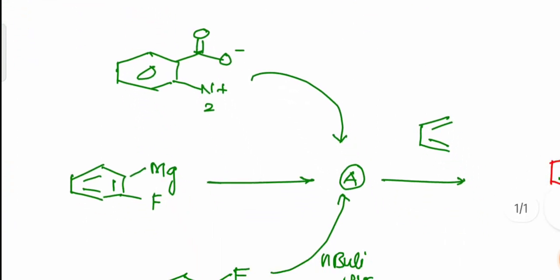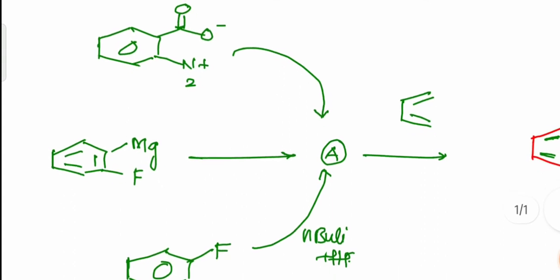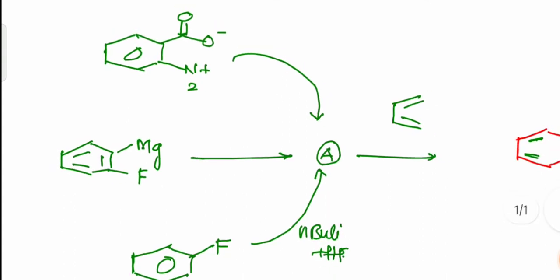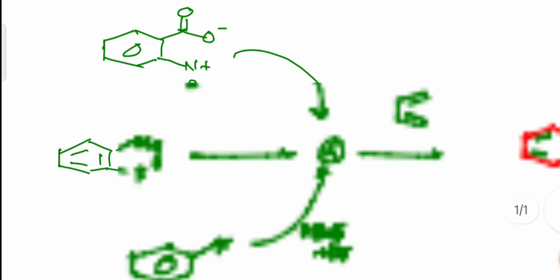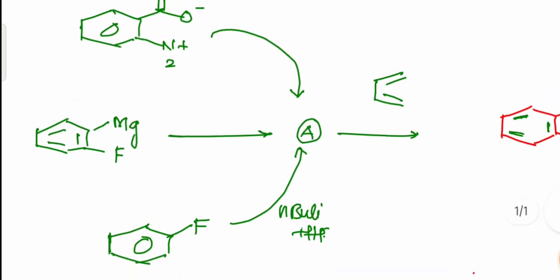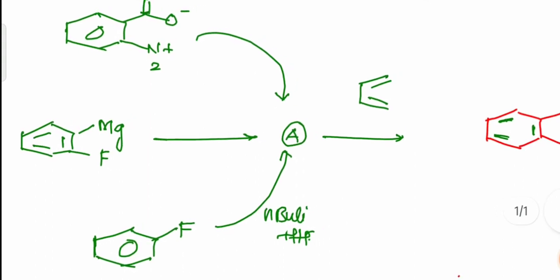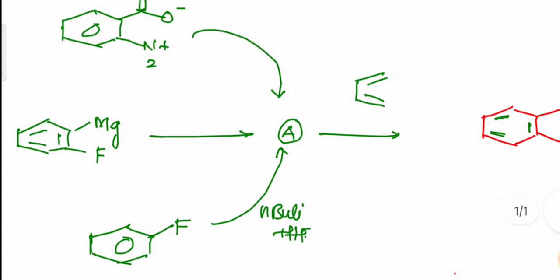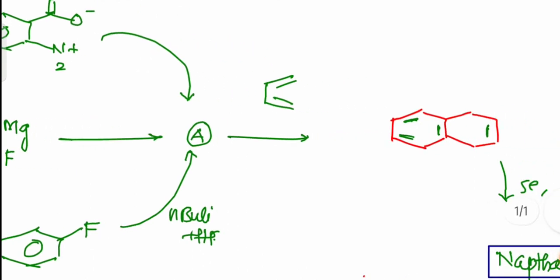Now here are some examples. Salt of anthranilic acid, then 2-fluoro magnesium, or simple magnesium bromide. Instead of Mg, you can also mention fluorine or MgBr, and fluorobenzene. You know that all these substrates are responsible for making benzene, and benzene will act as a dienophile, combining with your diene to form this product.